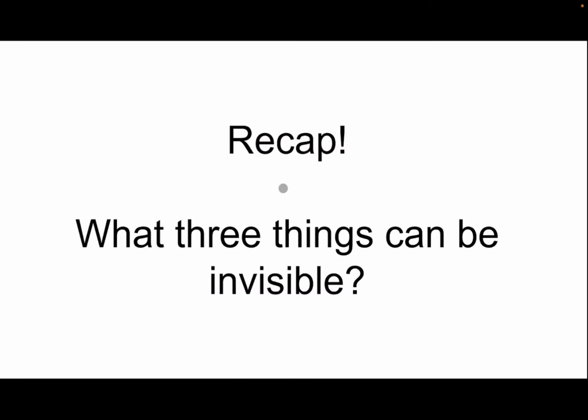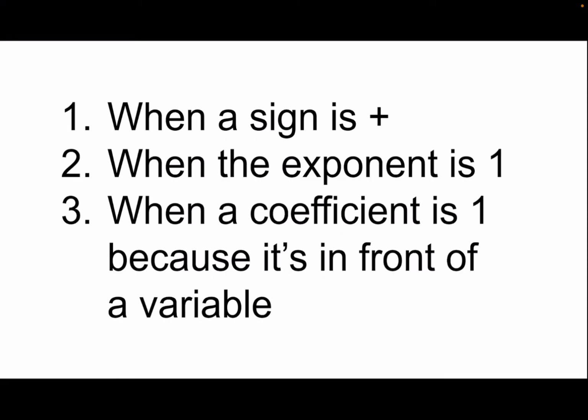So let's recap. What 3 things can be invisible in a term? The sign. When the sign is positive, then it's invisible. When the exponent is a 1, it's invisible. And when the coefficient, and again, remember, a coefficient is the number when there's a variable next to it, is a 1, then it's invisible because it's in front of the variable.